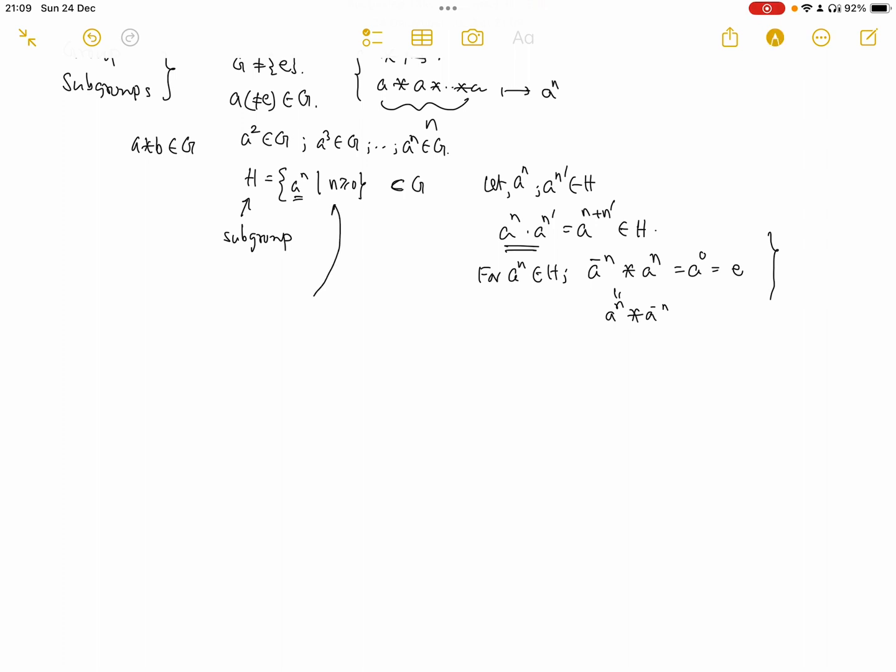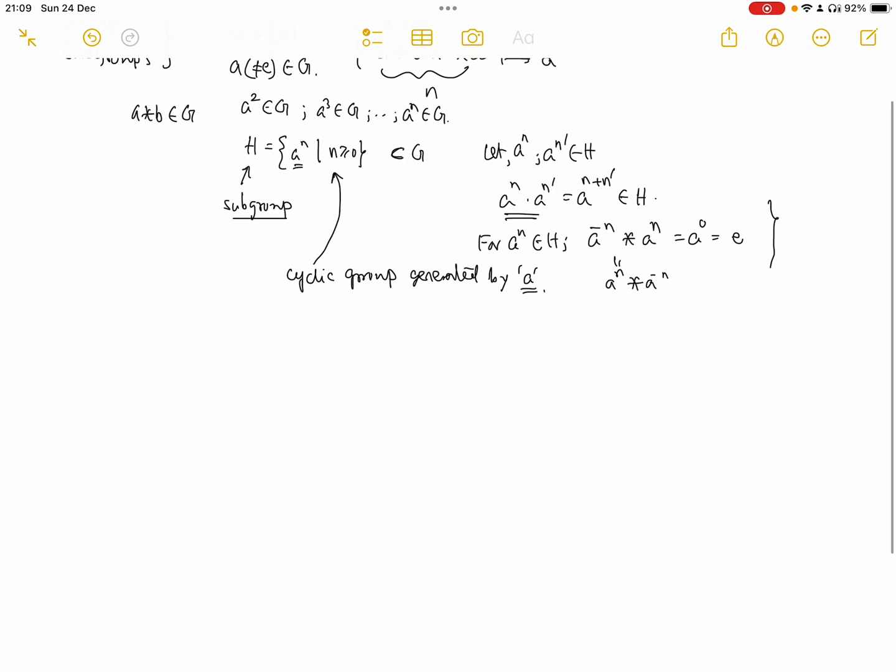So moreover, this is said to be the cyclic group generated by a. a is the generator of this. So we get a subgroup that is generated by a single element.